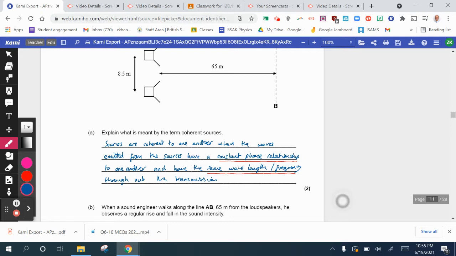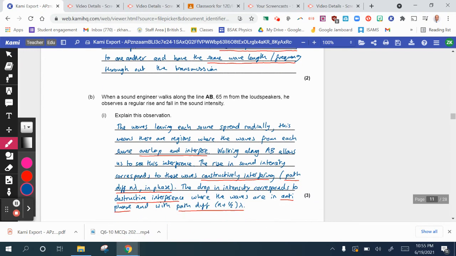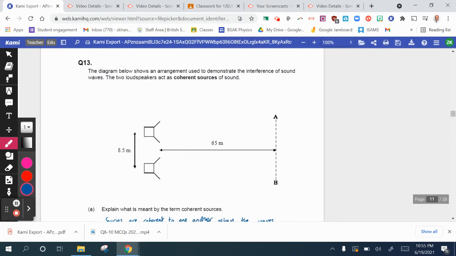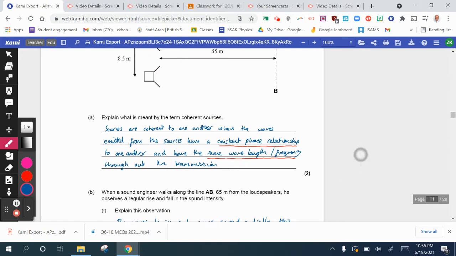Second part to this question is: a sound engineer walks along AB, which is 65 meters from the speakers. So they move from here all the way to here. And what happens is the sound intensity rises and falls. So an irregular rise and fall, rise and fall.